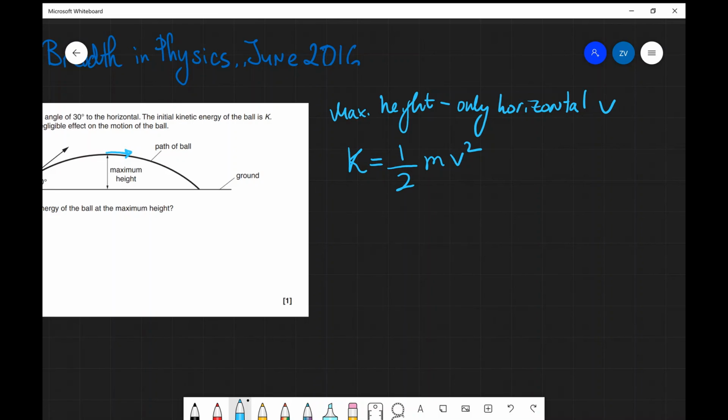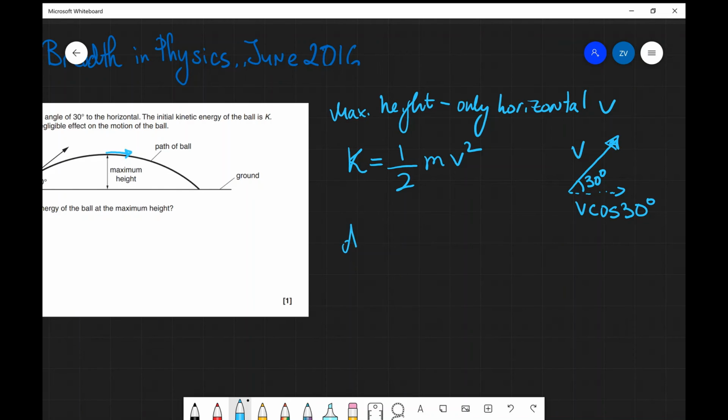Now, what is the horizontal component of v? If we imagine v to be acting like this at the very beginning, the horizontal component does not change, and if this angle here is 30, the horizontal component is going to be v cosine of 30 degrees.